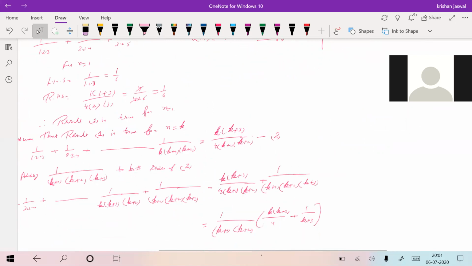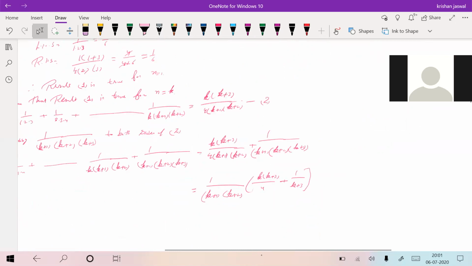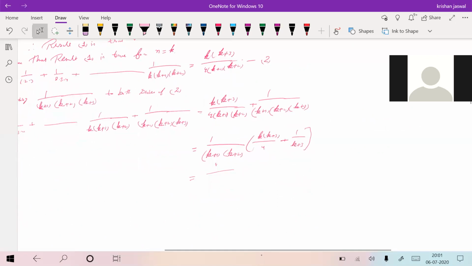Take 1 over 4 also common: 1 over 4 into k plus 1, k plus 2, and k into k plus 3 plus 4 over k plus 3.